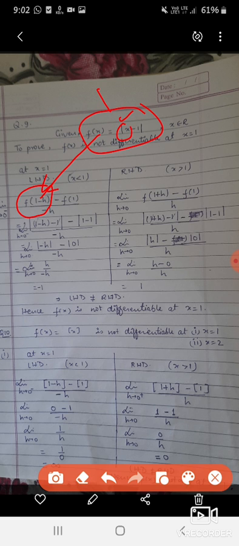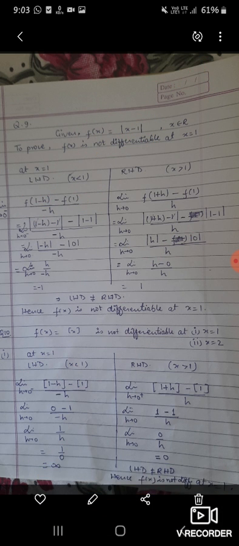So what will come? Modulus of 1 minus h, and after putting the value of x, that minus 1 is also remaining here. So this is your value of function f(1 minus h), which I have written here. And f(1), how did this f(1) value come?